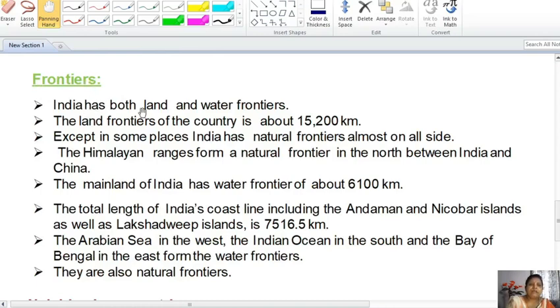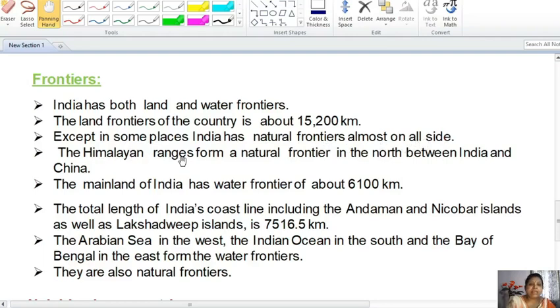Next point is frontiers of India. India has both land and water frontiers, and the land frontier of our country is 15,200 kilometers. In some places India has natural frontiers on almost all sides.